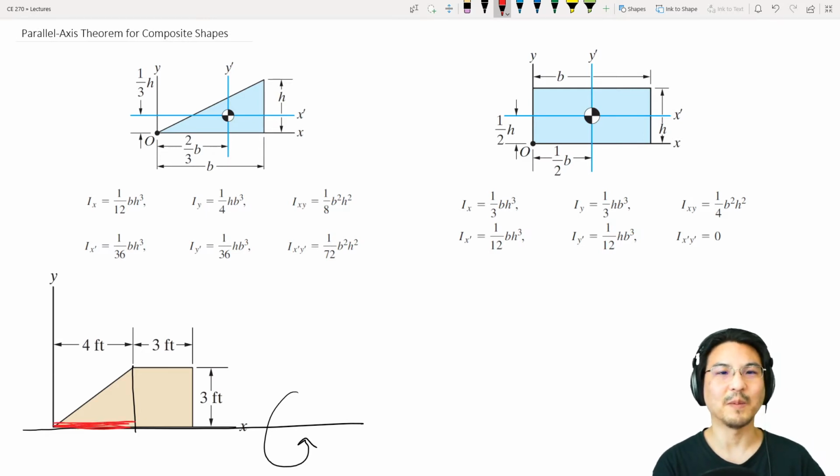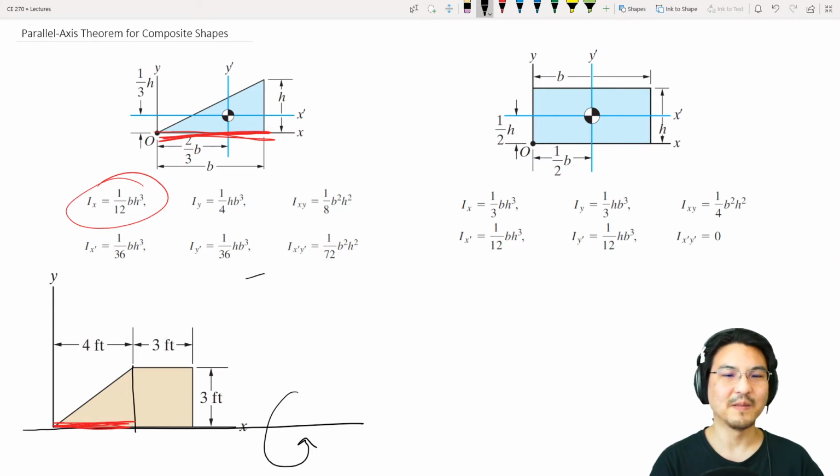And if you look in the appendix, that's like rotating the triangle about this axis here, which happens to be given. Okay, so for the triangle, about the x-axis, we know it, 1/12 base height cubed. So 4 times 3 cubed.